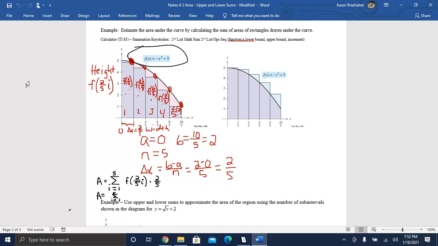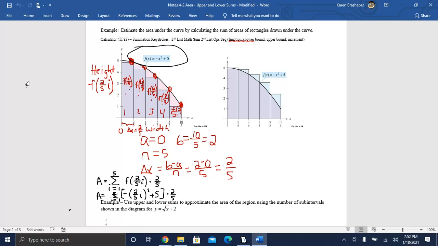So notice that the negative is not being squared. So it's negative, and then 2/5 I would replace your x. That gets squared, and then we add 5. Now, that's the f of 2/5 I. And then I have to take that times 2/5.